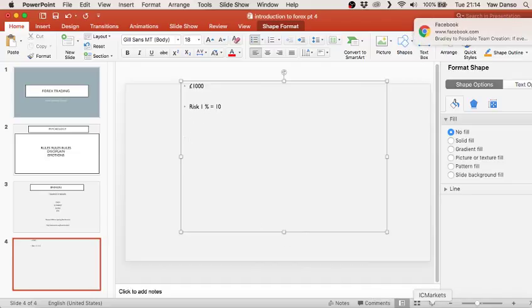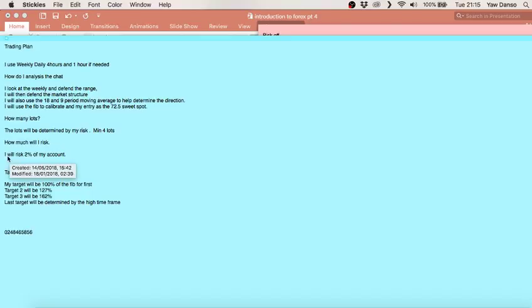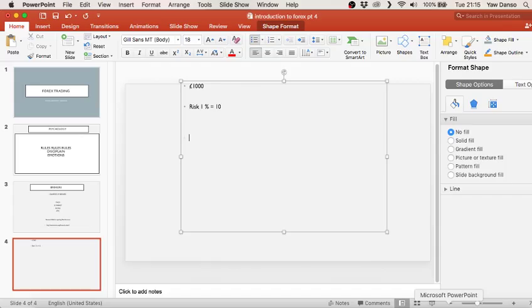You can see on here, I said I will risk 2% of my account, whatever I have in my account. And my reward I've broken down into 3 rewards: I take one somewhere, the second one somewhere, and the third one somewhere. So my reward is divided into 3.